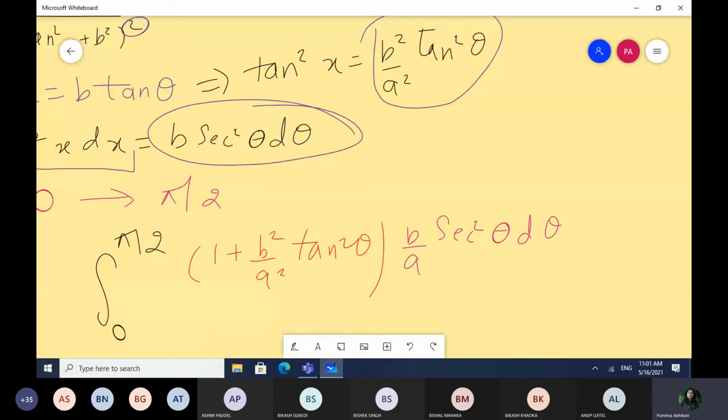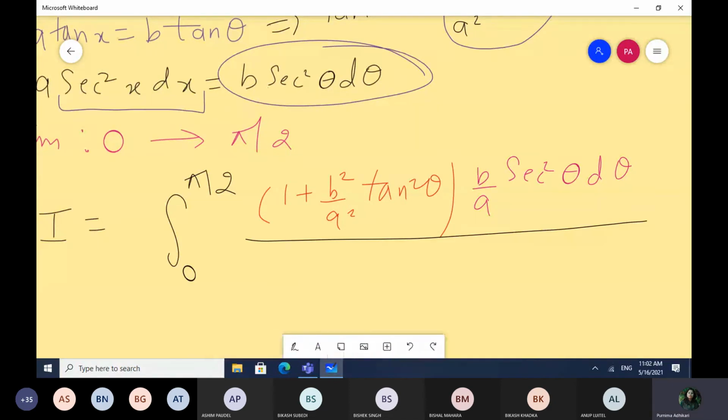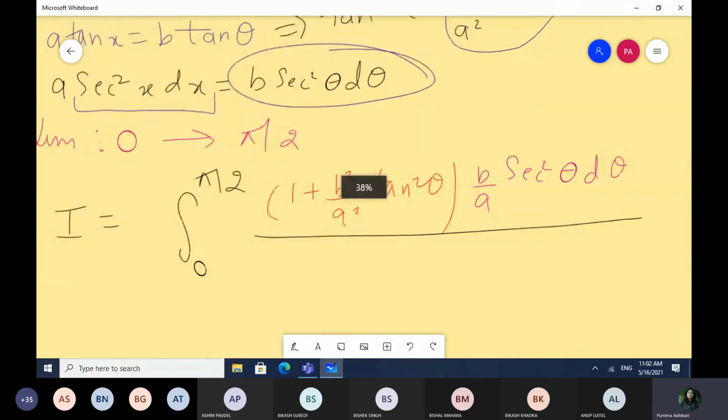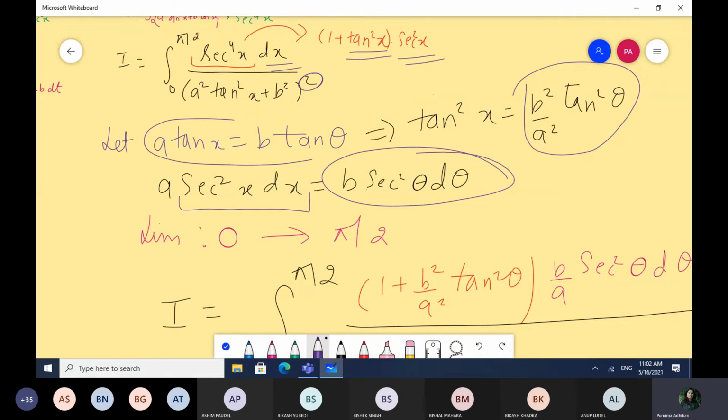All right. Now denominator part. What is your denominator? Your denominator is a square tan square x plus b square. So a square tan square x को ठाउँमा के आउने भयो? Look here. According to your substitution, a square tan square x will be equal to b square tan square theta.